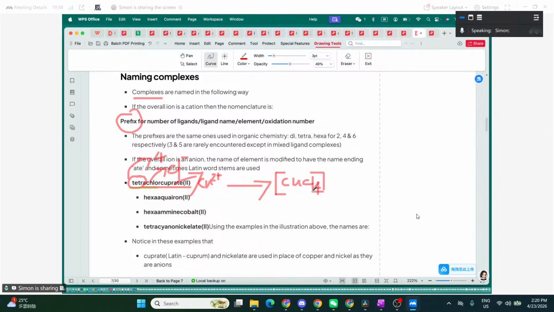And according to that, how's the charge? It's 2 minus, right?